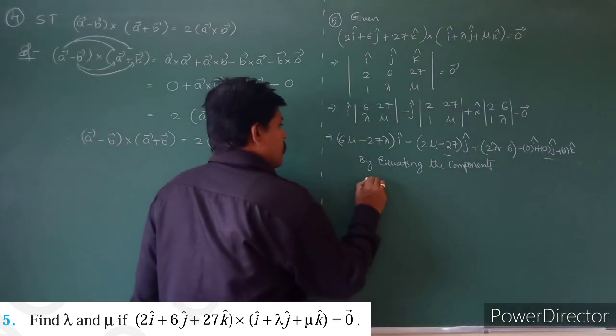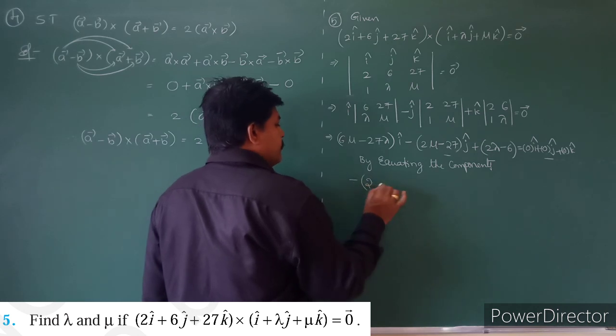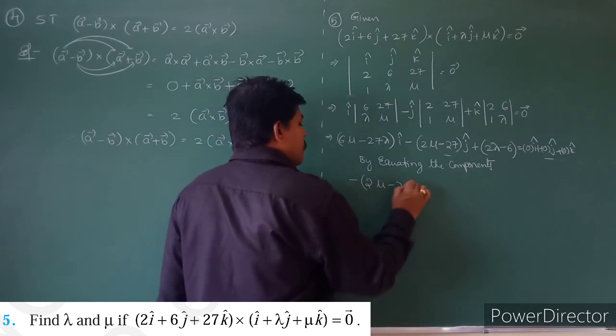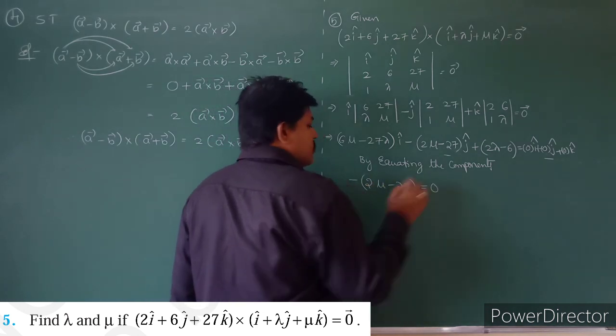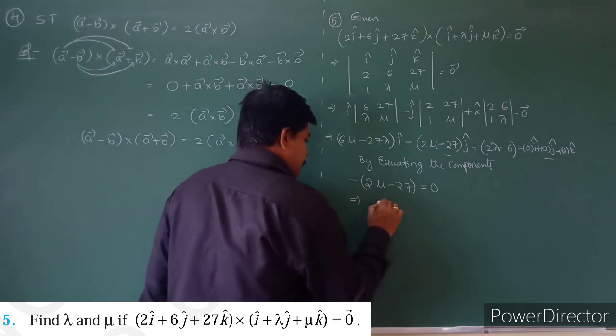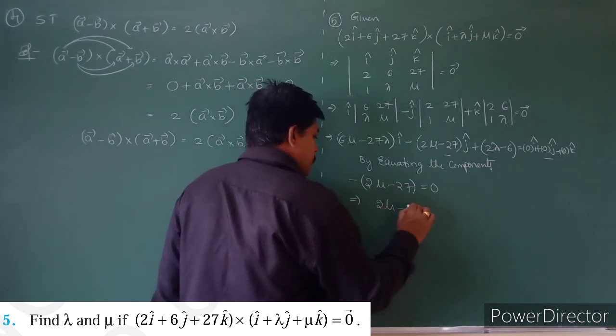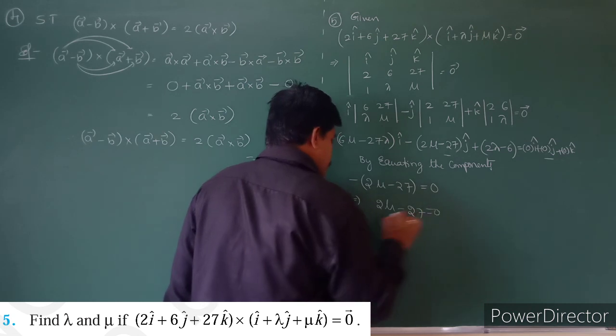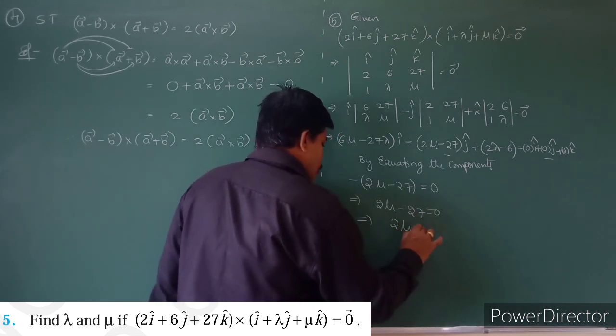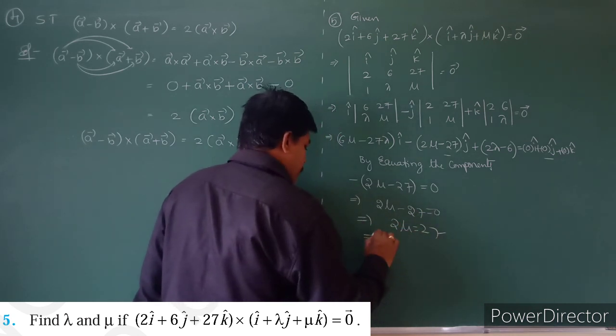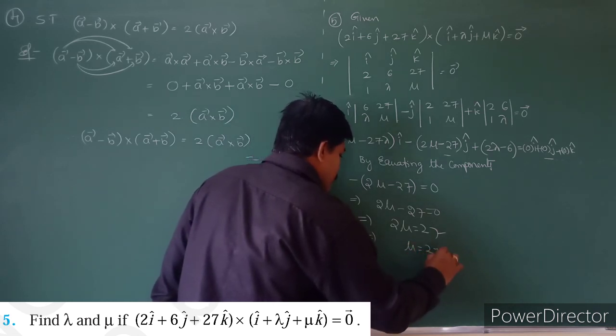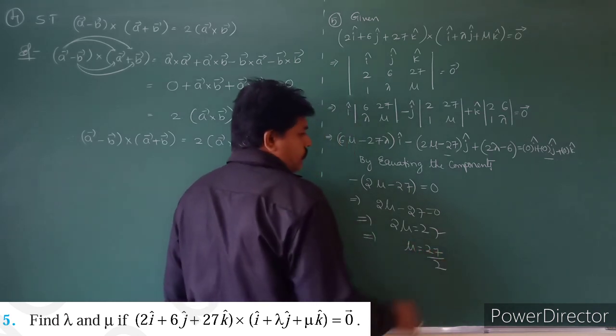What is that? Minus of (2 mu minus 27) is equal to 0. That implies 2 mu minus 27 is equal to 0. That implies 2 mu is equal to 27. That implies mu is equal to 27 by 2.